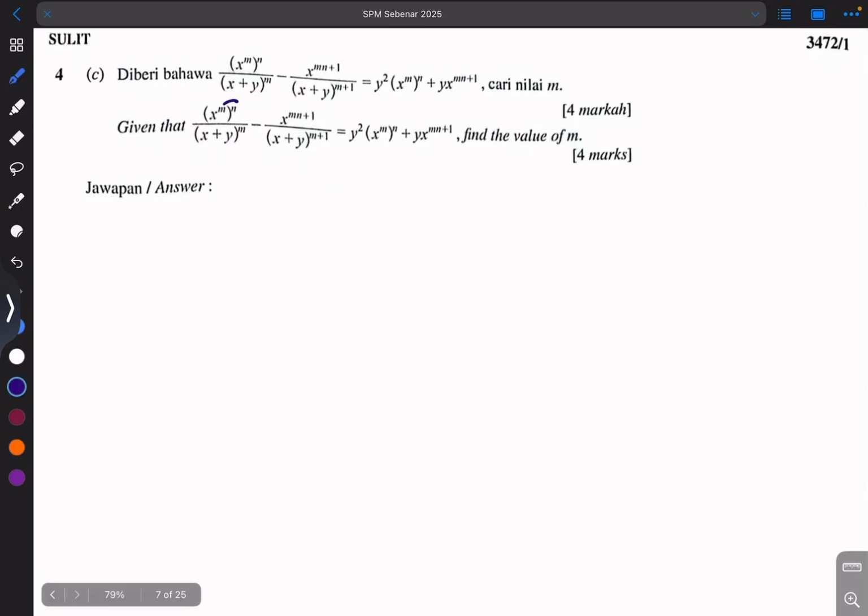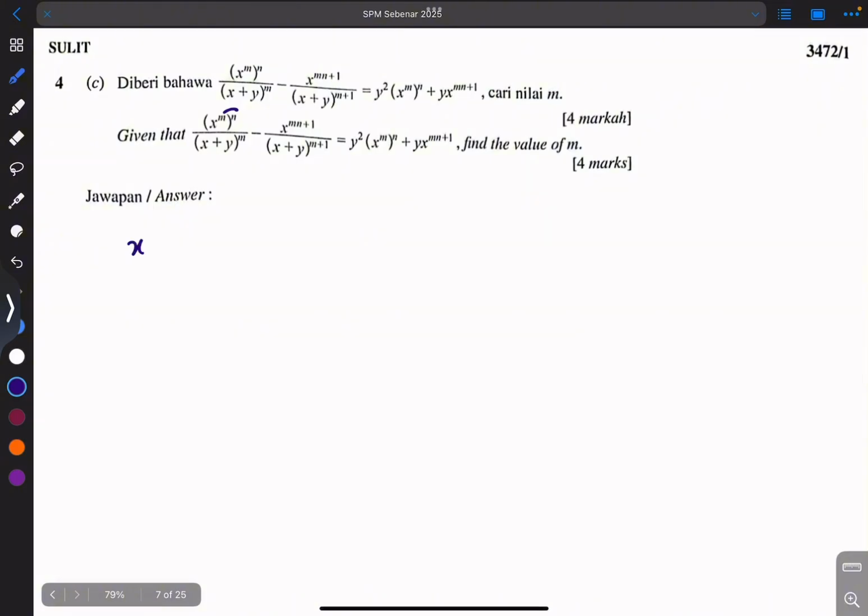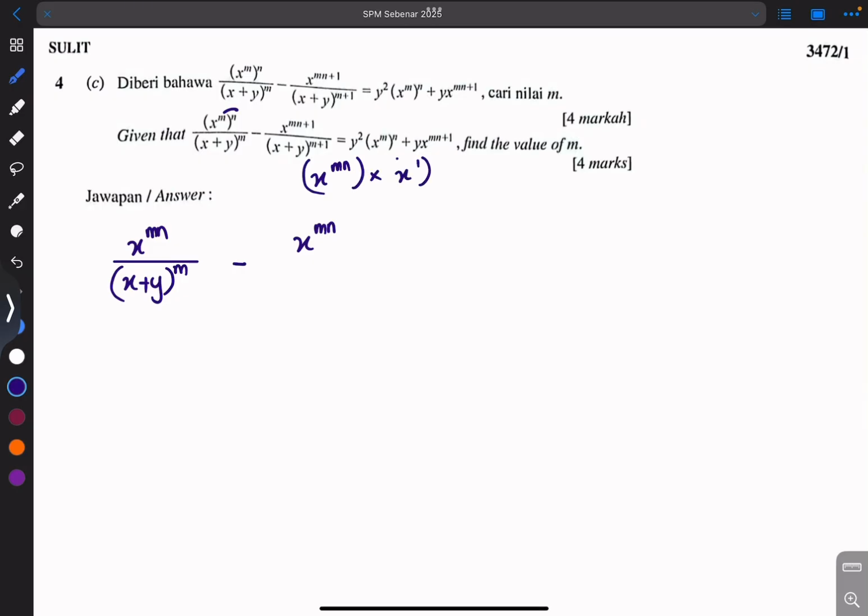m and n here we can multiply. So this will give us x to the power mn over (x plus y) to the power m, minus x to the power mn plus 1. Okay, x to the power mn plus 1 means it will become x to the power mn times x to the power 1. This is how the powers become plus 1.